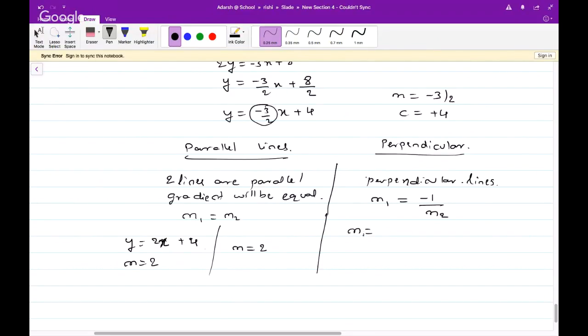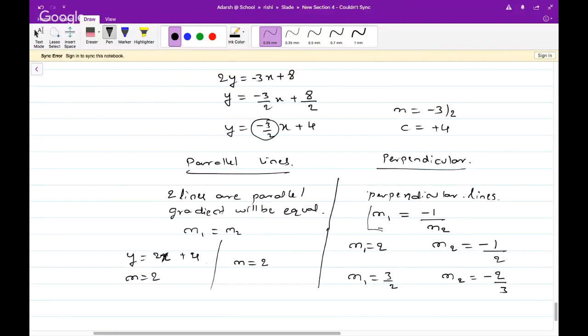If the gradient of the first line is 2, the gradient of the second line will be negative reciprocal, so negative 1 by 2. If the gradient of the first line is 3 by 2, the gradient of the perpendicular line would be negative reciprocal, so minus 2 by 3. So these are the conditions you have to remember. Parallel lines, same gradient. Perpendicular lines, negative reciprocal.